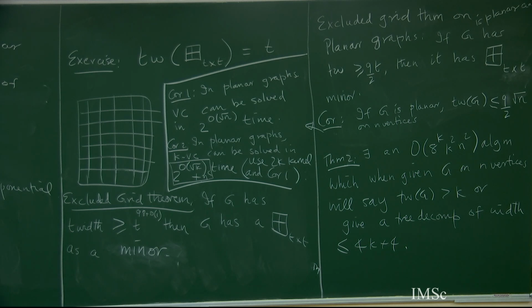So what I'll do is the following. What is it I'm after? Sub-exponential. By sub-exponential, we mean 2 to the little o of k.